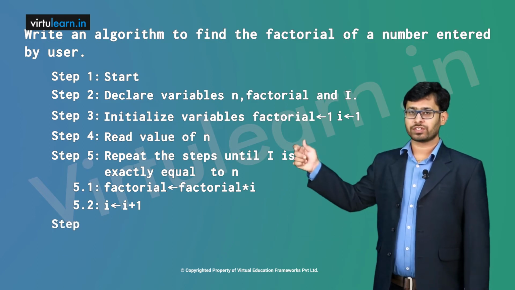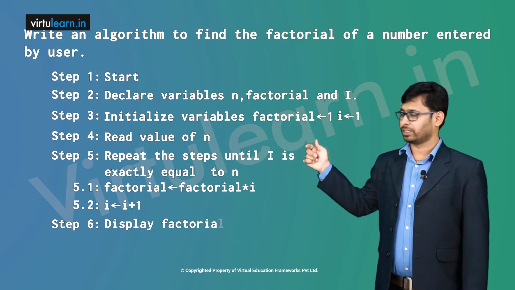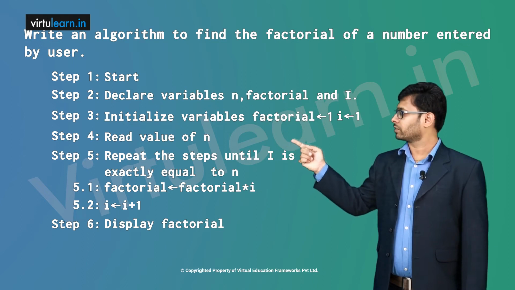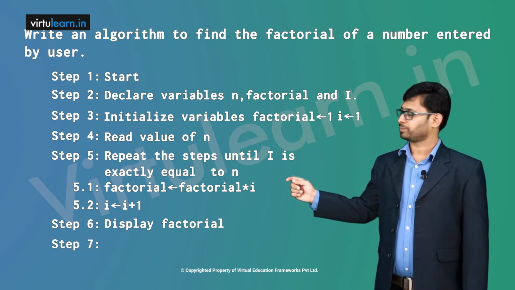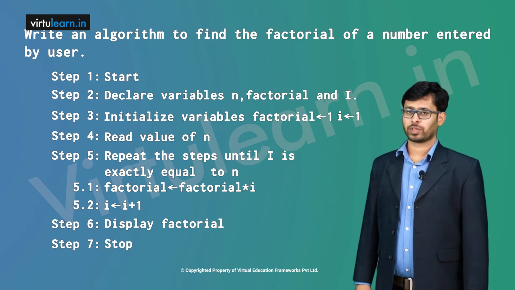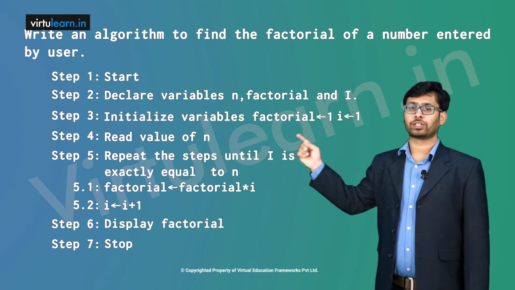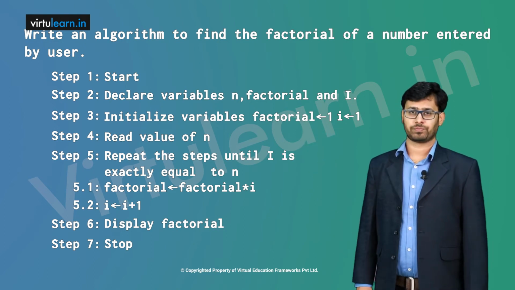After finishing this step 5, we are going to display the result. Step 6 is display factorial. The last step is stop. So this is an algorithm to find the factorial of any given number entered by the user.